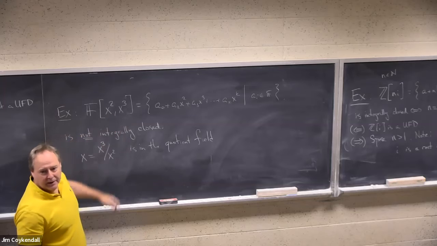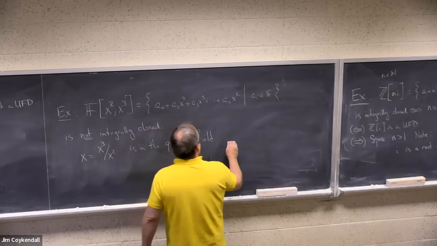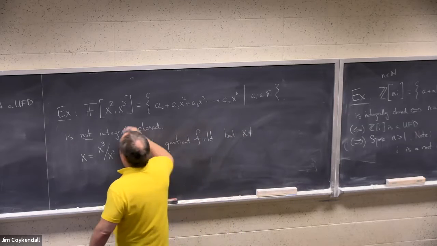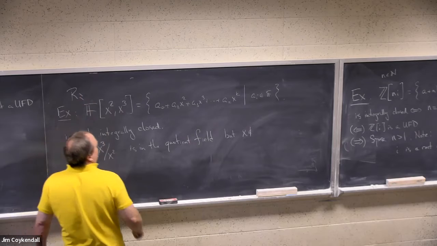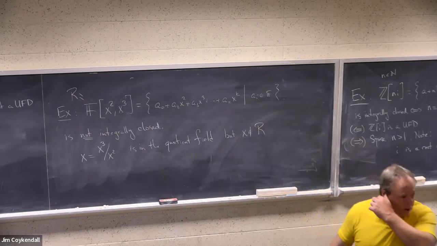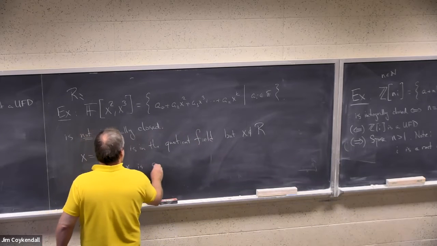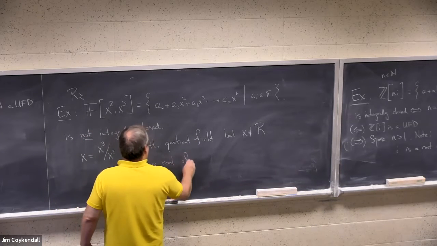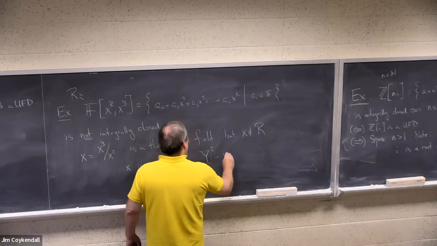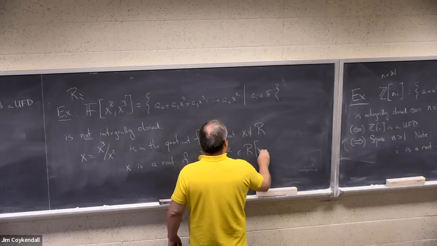Because it's just this divided by this. However, x is not in R. By construction, x is not in R. And x is a root of the polynomial y squared minus x squared in R[y].